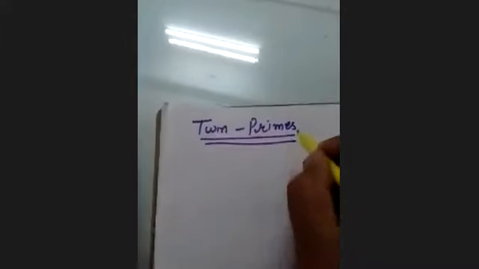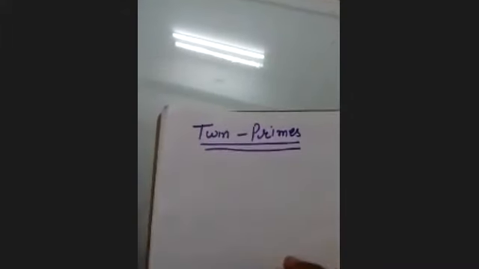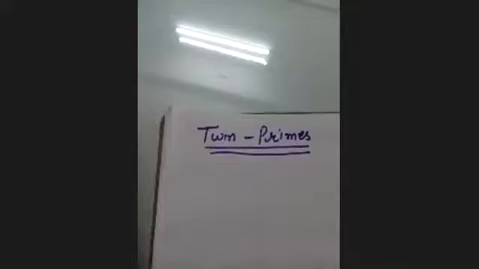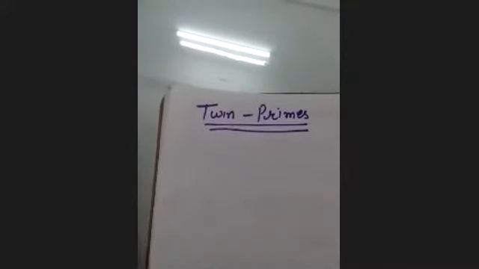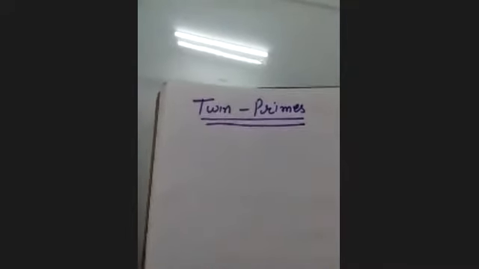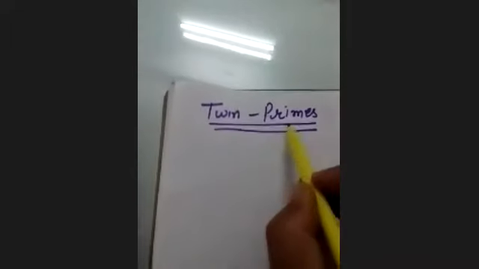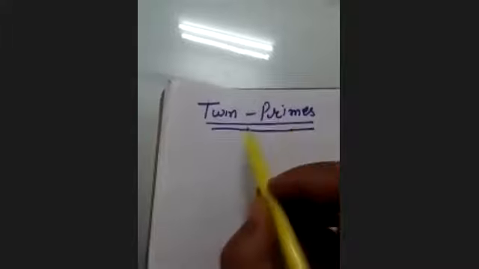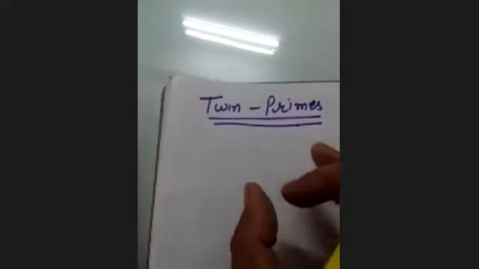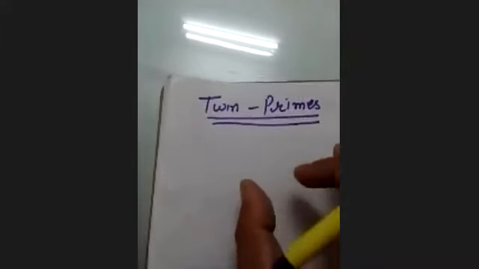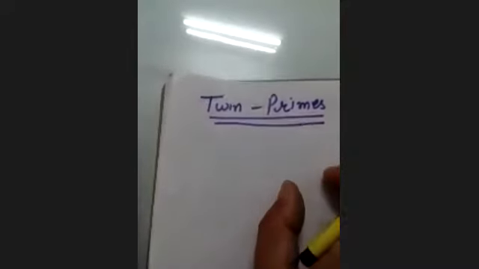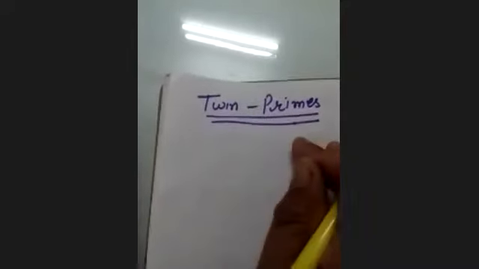What are twin primes? A pair of prime numbers whose difference is 2 is known as twin primes.